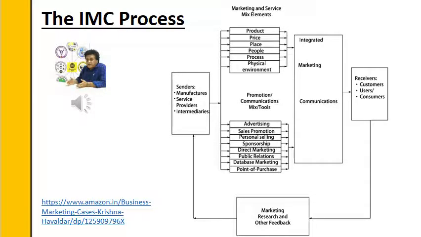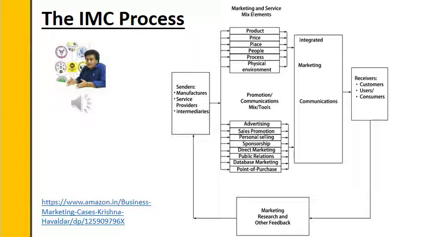And then you see there is a loop going down, which is market research and other feedback that is taken from the customers and the users, and again the input is given to the sender of the communication, which is the manufacturers, service providers, intermediaries, and then again based upon that the marketing and service mix elements are influenced.